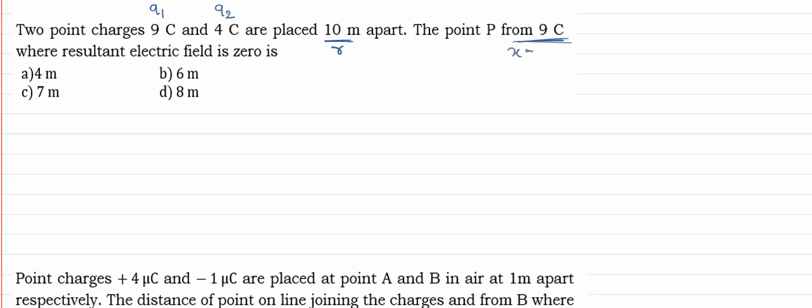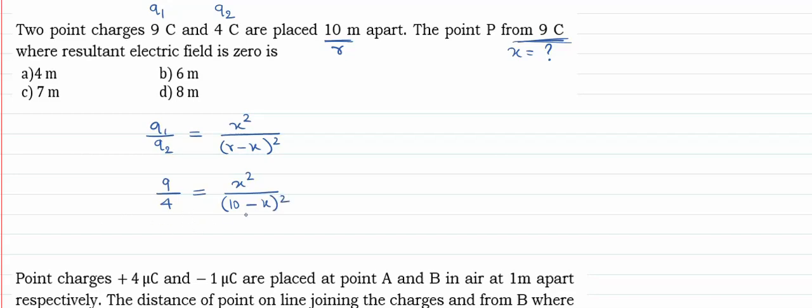You are required to find x. Both are positive, so the shortcut formula is Q1 by Q2 is equal to x square by (R minus x) whole square. Now substitute: 9 by 4 is equal to x square by (10 minus x) whole square.